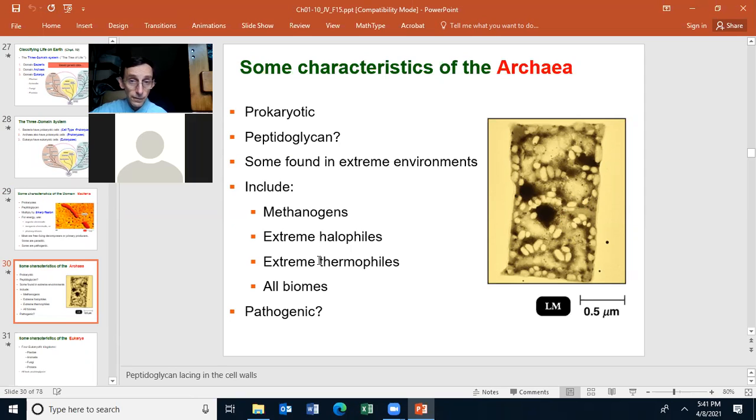But when we look further, we can find the archaea in all of the Earth's biomes. They are actually a significant number of the organisms in the soil and in plankton in the ocean. So they are important for making up organisms on the planet, and you can find them in all of Earth's biomes.